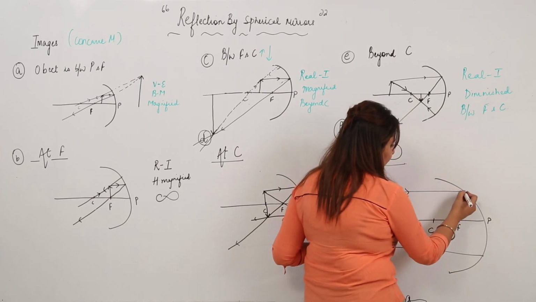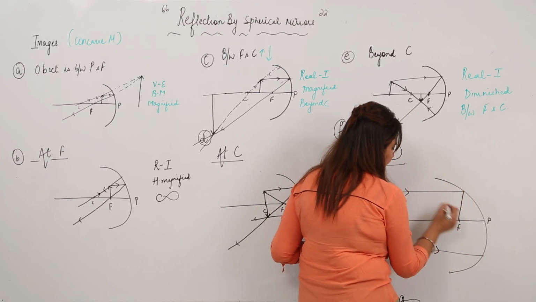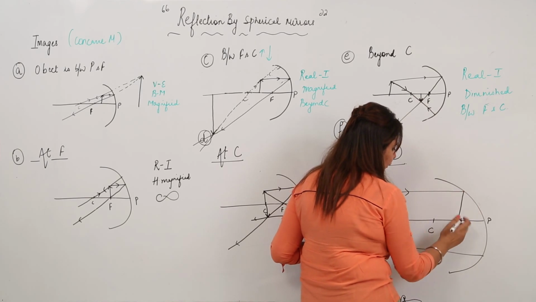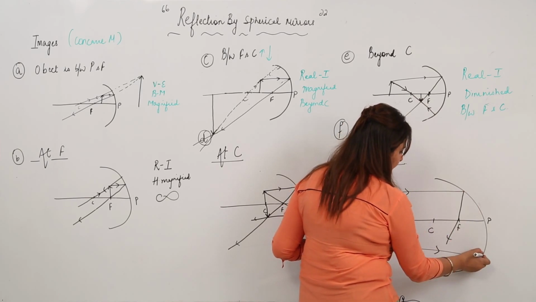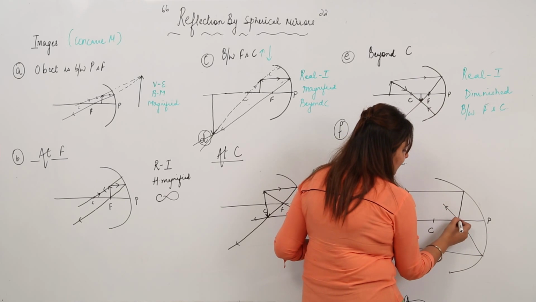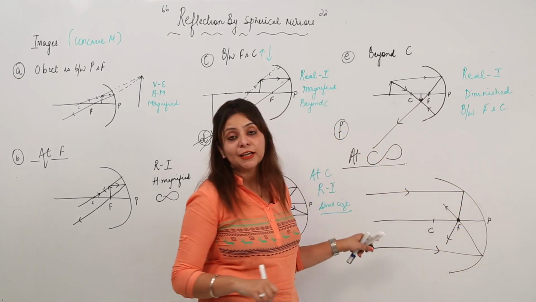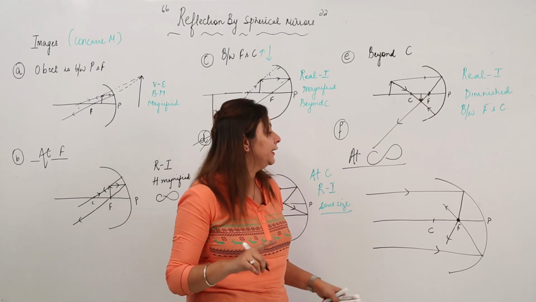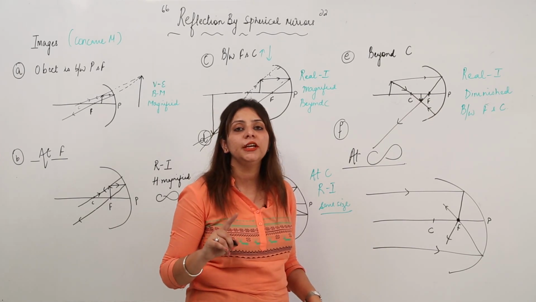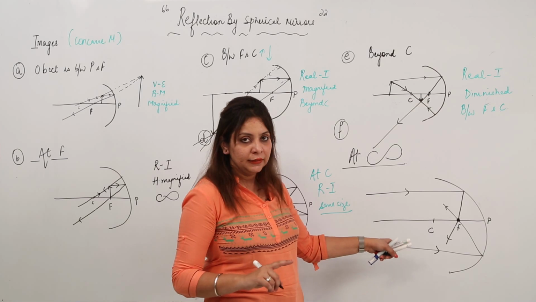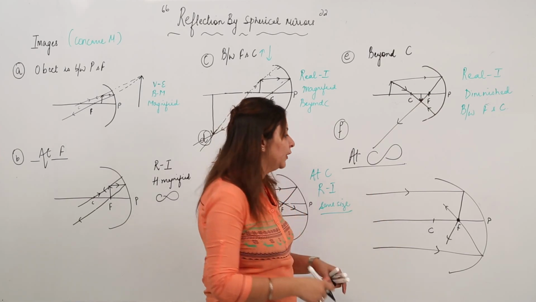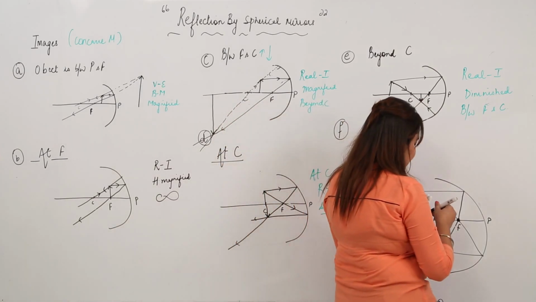As we know, it is a converging mirror, and the rays coming parallel after reflection pass through the focus. So the rays meet at this point. This figure is similar to the one we drew for the nature of the concave mirror, the parallel rays just converging at one point, and it is converging at F.